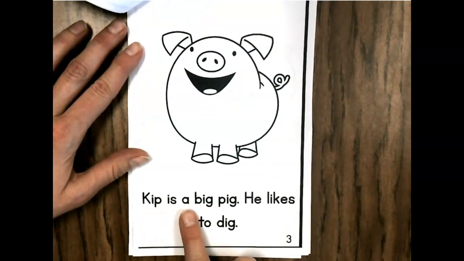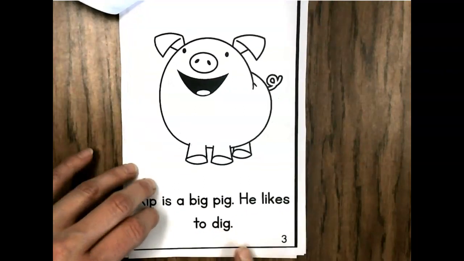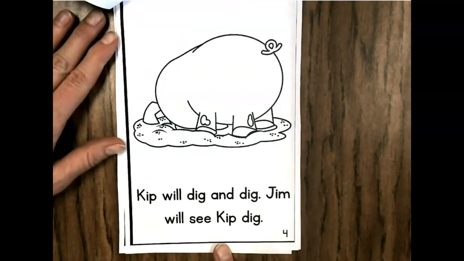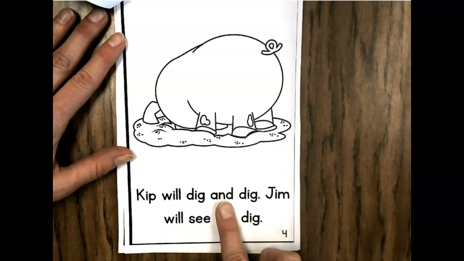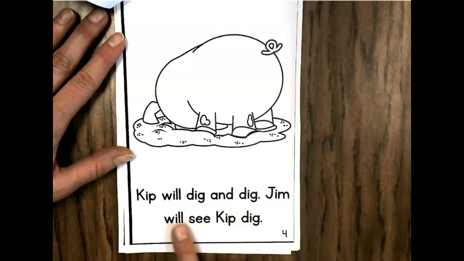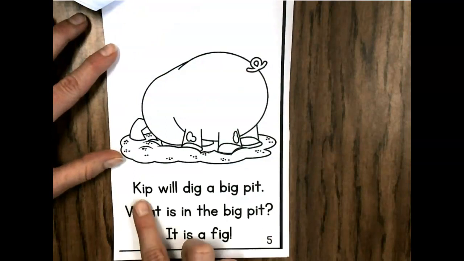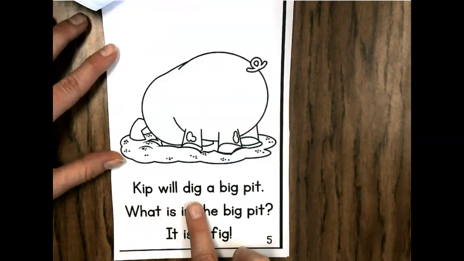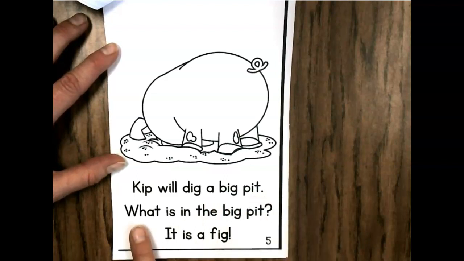Kip is a big pig. He likes to dig. Kip will dig and dig. Jim will see Kip dig. Kip will dig a big pit.